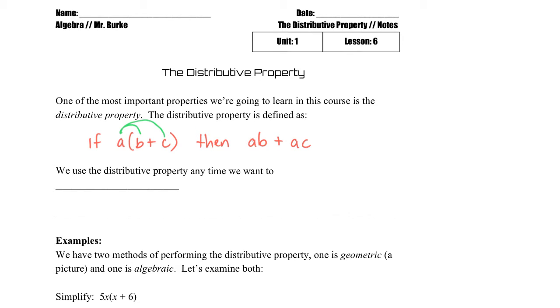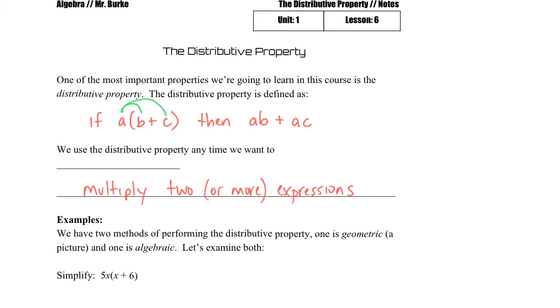So when we're talking about the distributive property, we are talking about multiplying anytime we want to multiply two or more expressions. Okay, so in like the first scenario, A would be an expression and B plus C would be an expression.